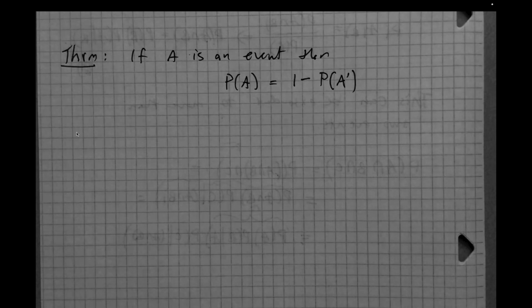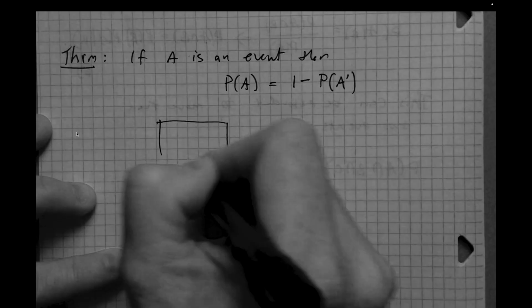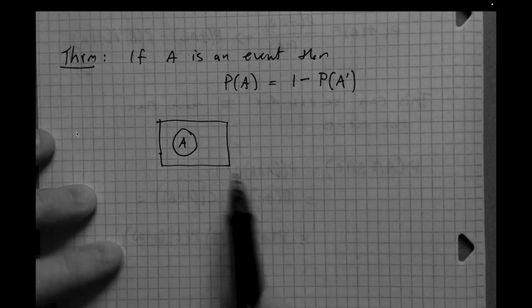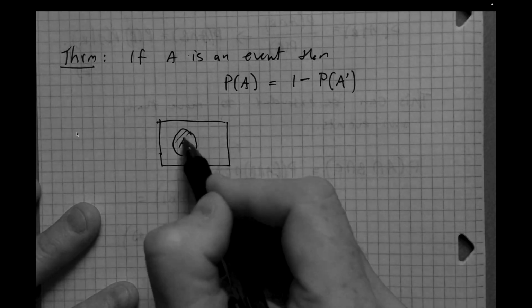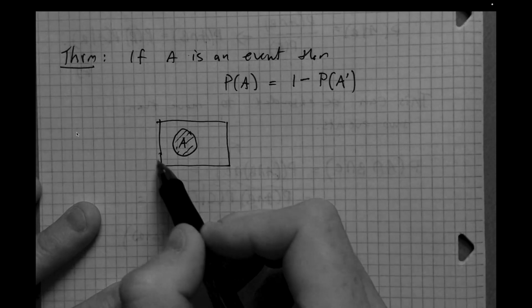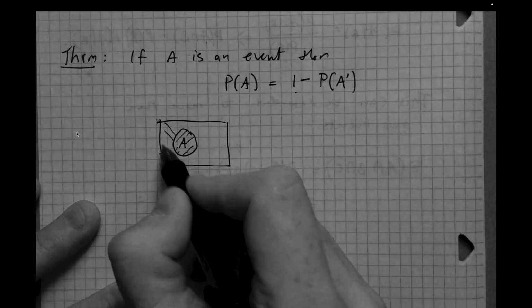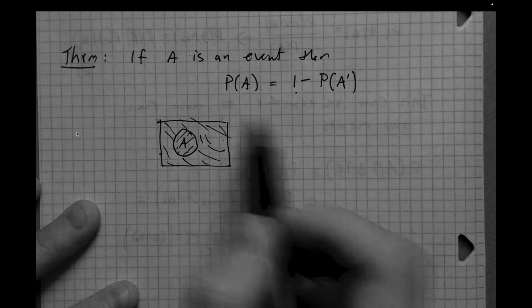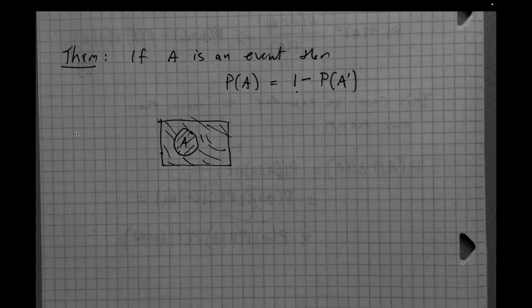And hopefully that makes sense, right? So if I have some sample space, and I have an event in there called A, and I want to know the probability of A, one way I can do it is take the probability of the sample space, which is 1, and subtract off everything that isn't A. Right? And of course, what's left over is A. So this is relatively straightforward, but extremely useful.